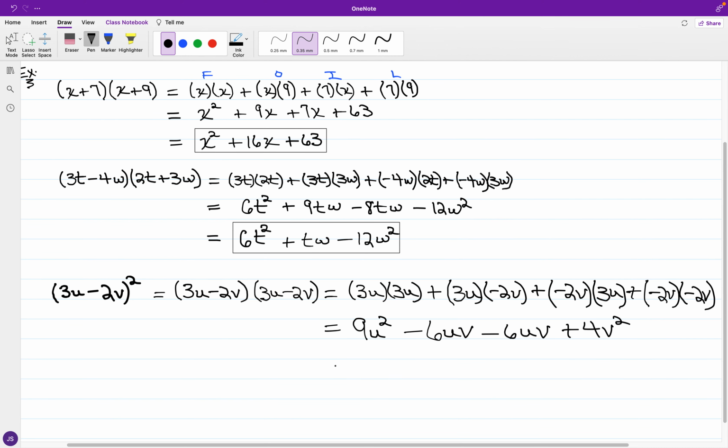And so looking at the result, we have 9u squared, and negative 6uv and a negative 6uv. Those will combine to negative 12uv. And finally, we have plus 4v squared.